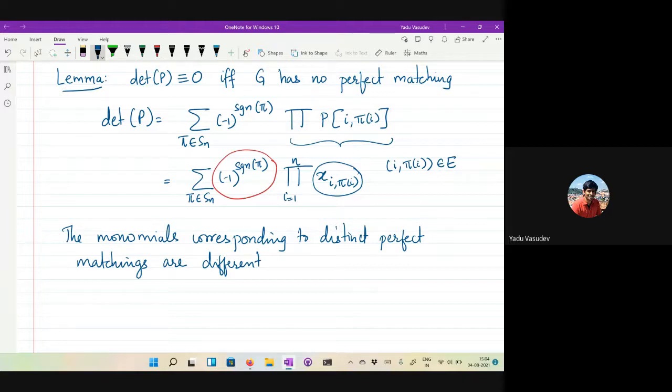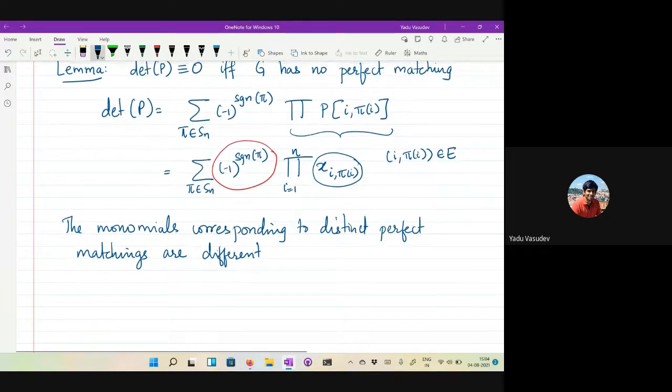So corresponding to the matrix P, you have another quantity. Okay, so this is the determinant of the matrix. There is something known as the permanent of a matrix. So the permanent of P is defined as follows.